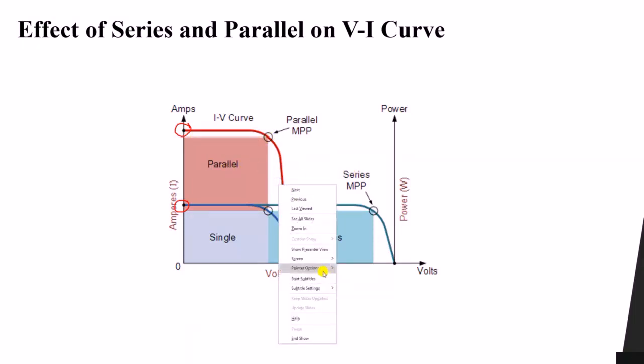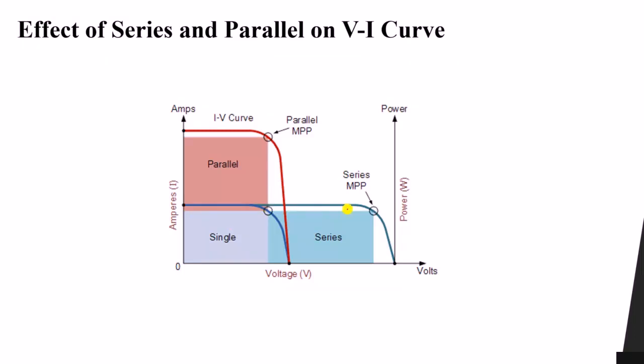For example, if you have two panels in series like this, you have formed this curve. If you connect two panels in parallel to it, then this curve will be like this, because you increased the total current.